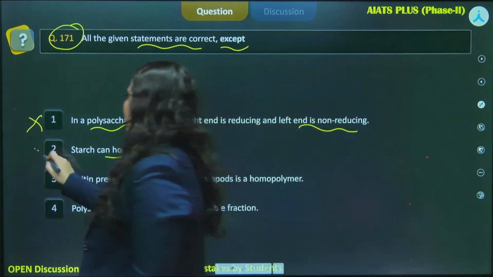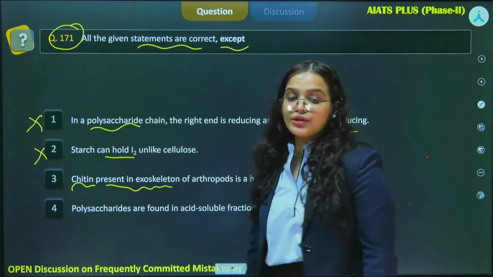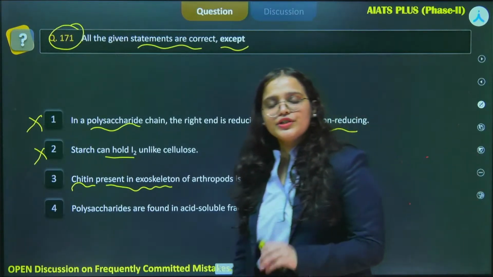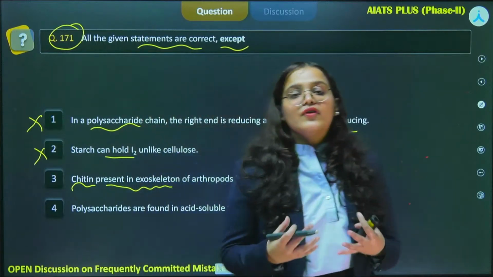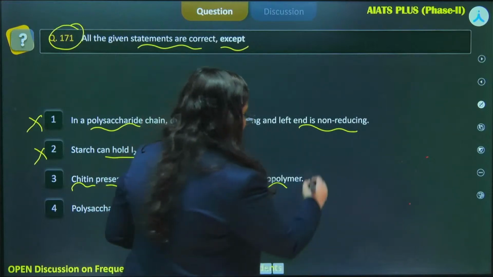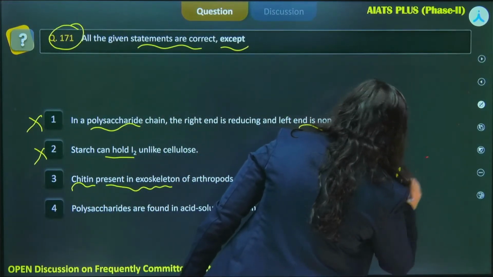Now moving to our third option, which states chitin present in the exoskeleton of arthropods is a homopolymer. So it is absolutely true, as we all know, that arthropods have a chitinous exoskeleton which is made up of N-acetyl glucosamine.